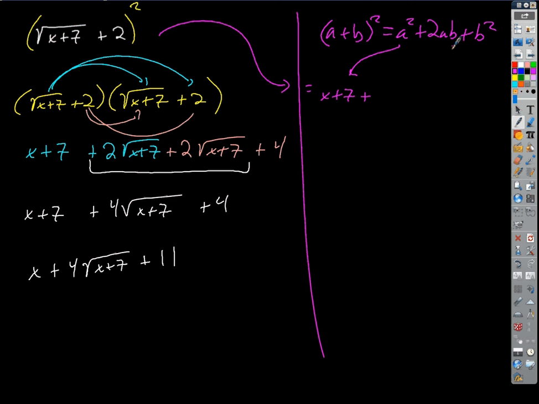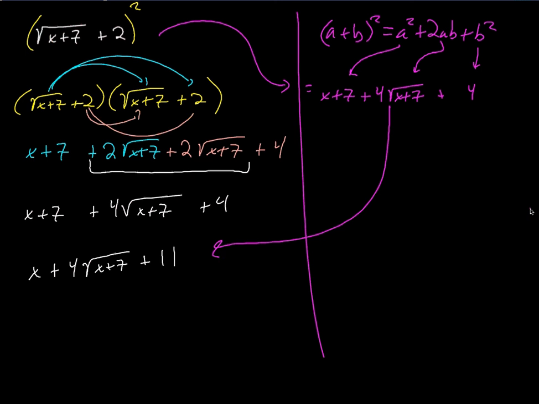Plus 2ab, 2 times the square root of x plus 7 times 2 is just 4 times the square root of x plus 7, right? Plus 2 squared is 4, right? And so if I just add like terms, doesn't that get me right down to there? Okay, so the pattern still is easier. Either way, though, we're just going to get this.